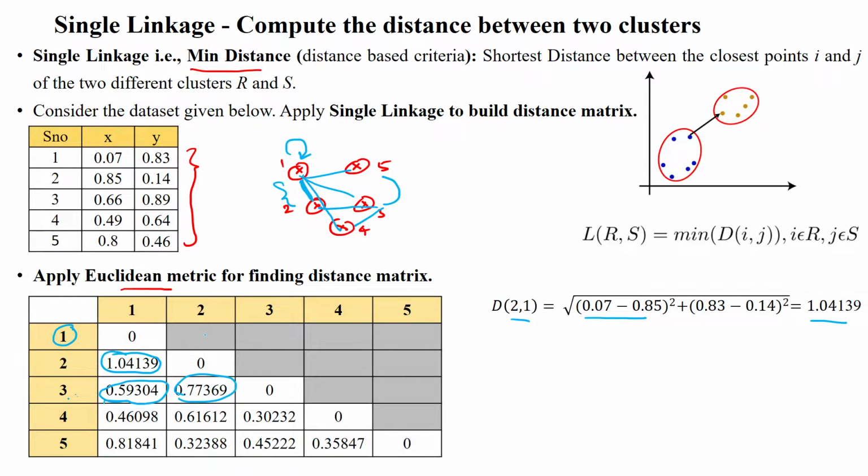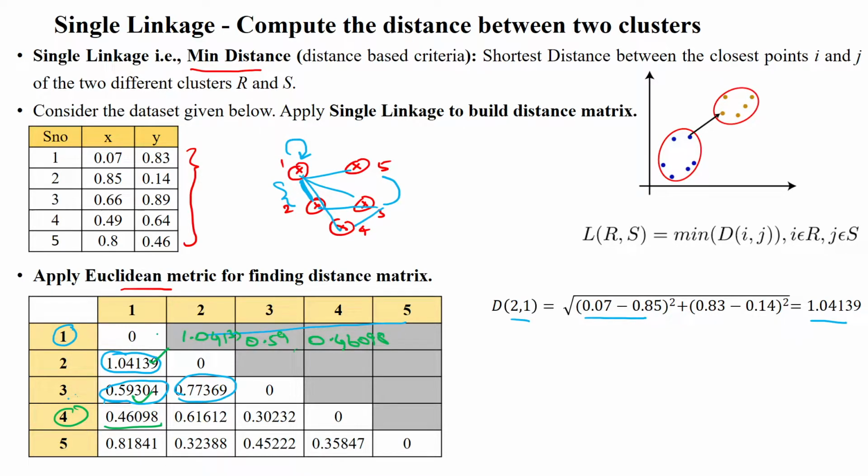So why are we not calculating this one? When you calculate the distance 1 to 2, 2 to 1 is also the same value, 1.04139. And 1 to 3 will become 3 to 1, so 0.59 and so on. 1 to 4 will become 4 to 1, so 0.46098.